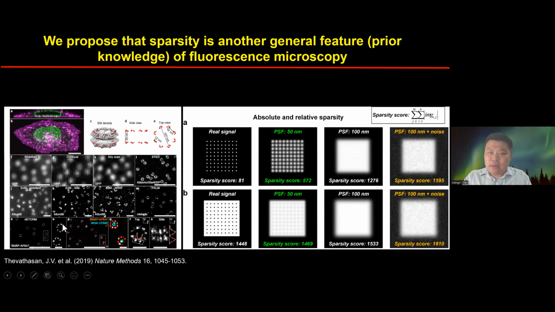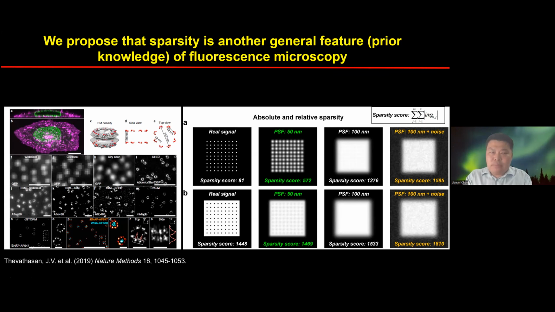So we can immediately realize that when we have high resolution, the theoretical point spread function should be smaller, and your fluorescent signal will become less dense, or sparser, on your image.